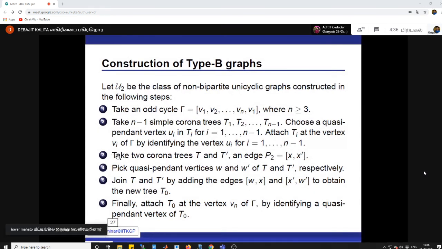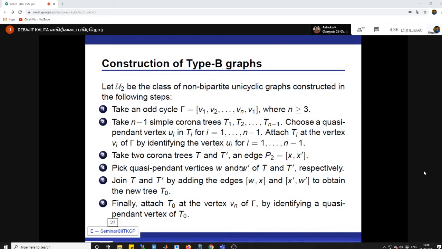Apart from this, we now take two different corona trees, say T and T dash, with pendant vertices X and X dash. We pick a quasi-pendant vertex W of T and W dash of T dash.